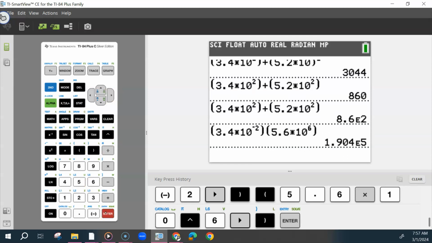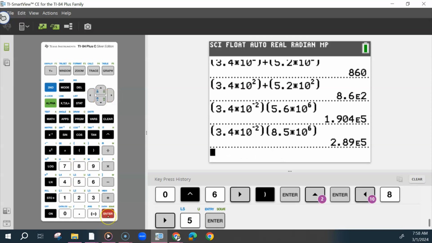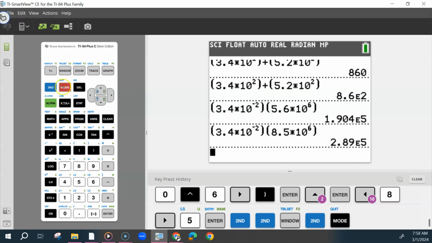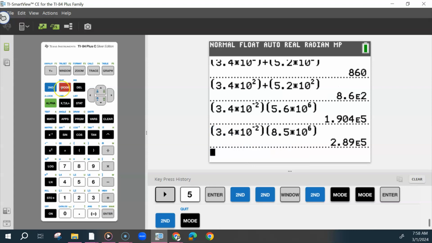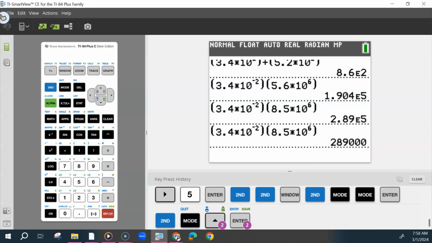I was looking at the wrong one. It was 6, but it was 8.5. There we go. 2.89 times 10 to the fifth. Or you could get the actual number and then convert it back, either or.